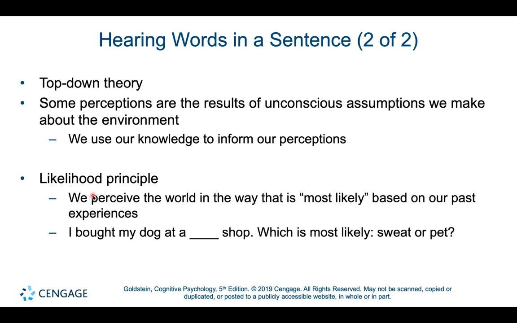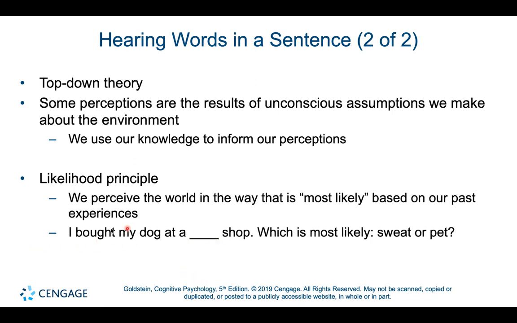I want you to imagine that someone is saying this sentence to you: I bought my dog at a shop. Something happens when they say this word. Maybe a car horn blasts, or someone opens a window or slams a door. There's some noise that obscures this word, so you don't actually hear it.